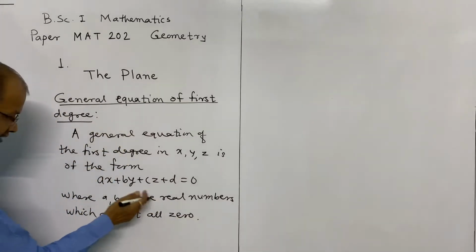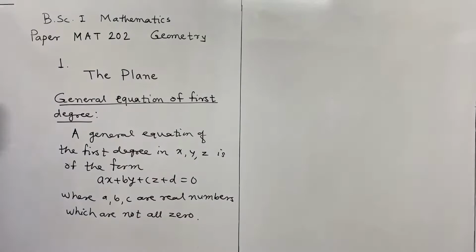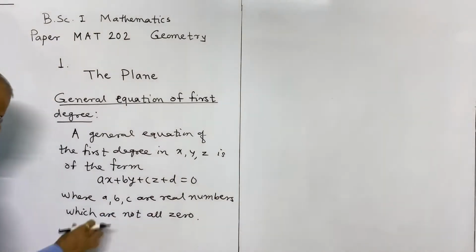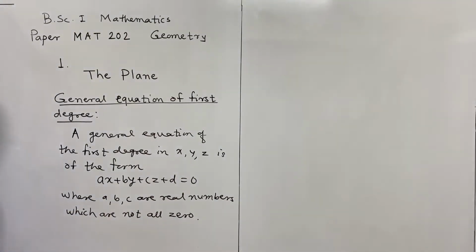That means at least one of them is non-zero. See, this is the equation: ax plus by plus cz plus d is equal to 0. a, b, c are real numbers or constants, and the condition is that not all are 0.